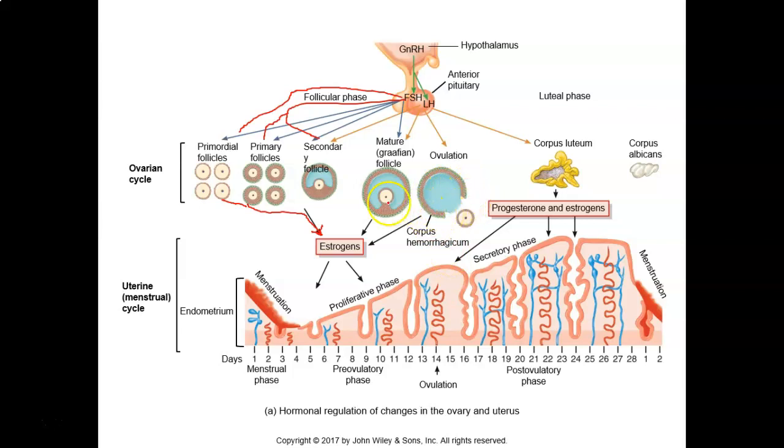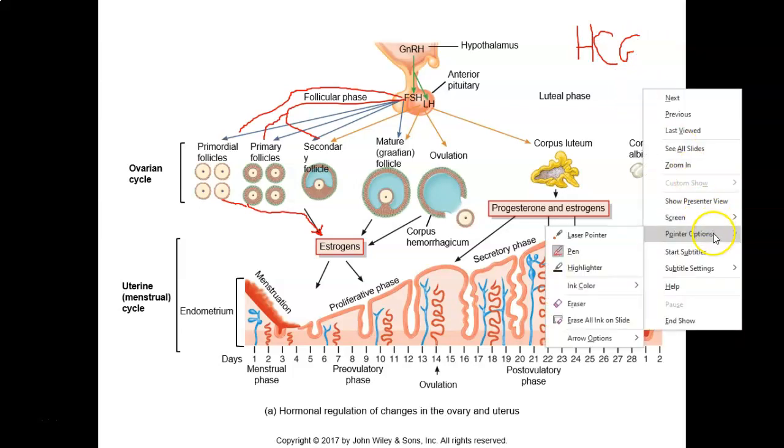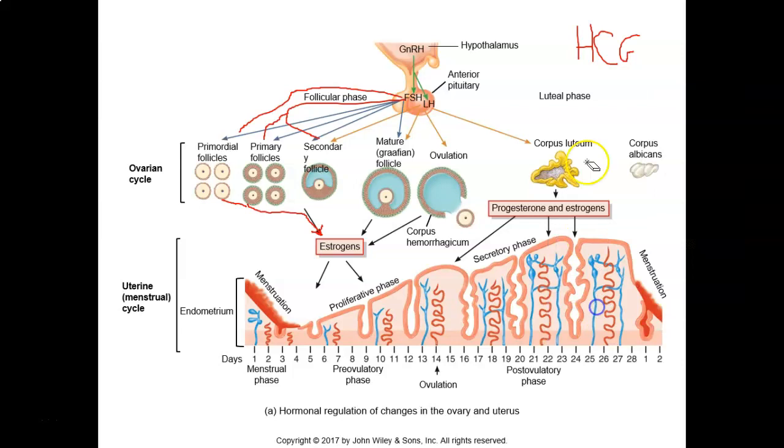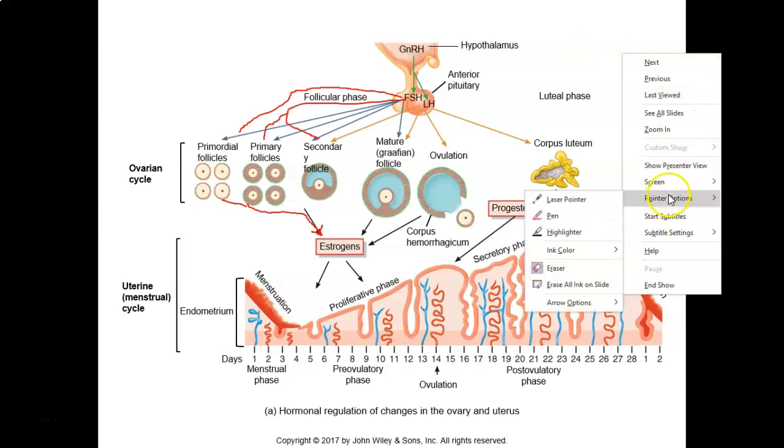Eventually, there's that estrogen spike, which stimulates the luteinizing hormone, which causes ovulation. That empty follicle, or the corpus luteum, begins to pump out progesterone. If there's implantation, HCG begins to be released. If there's no implantation, HCG is not released, and menstruation occurs.